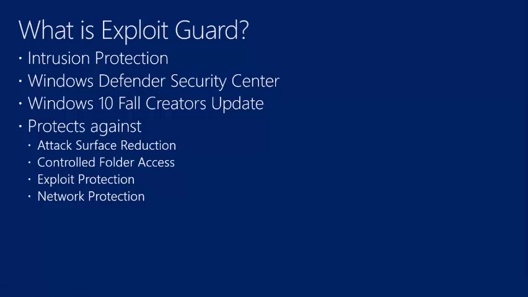Now, this suite protects against a bunch of things. It works toward attack surface reduction. So all of these that you're about to hear, attack surface reduction, controlled folder access, exploit protection, network protection, all work in conjunction with Windows Defender Antivirus, right?